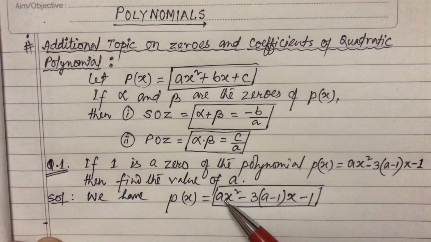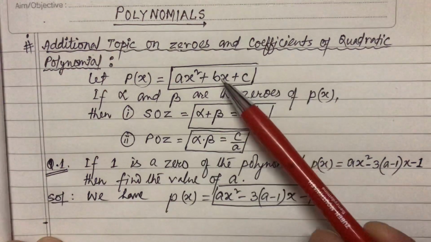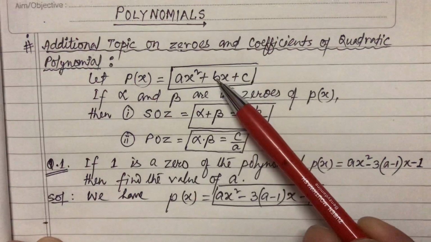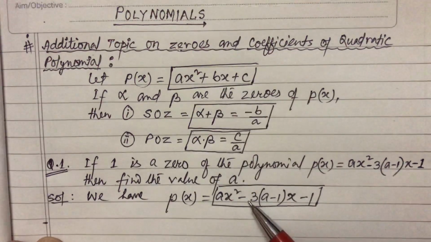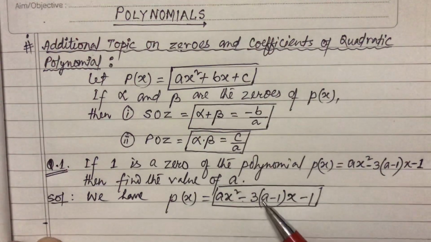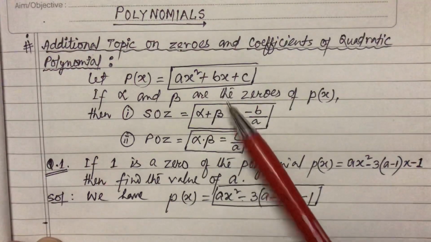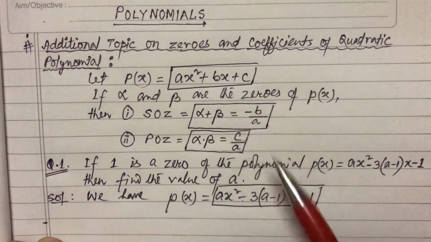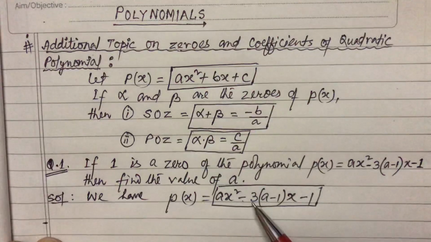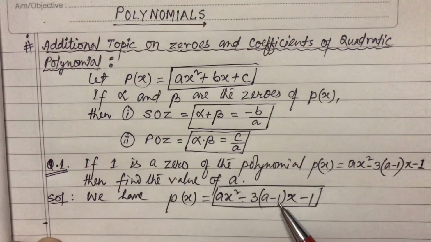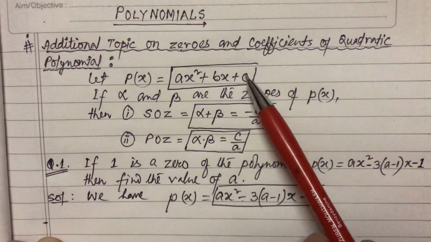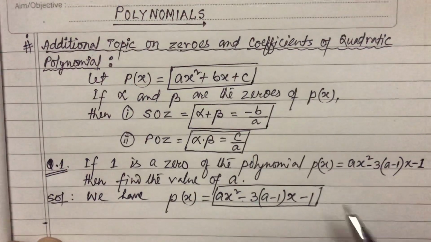And b is nothing but minus 3a minus 1, because b is the coefficient of x. So here the coefficient of x is minus 3a minus 1. Constant term c is minus 1.